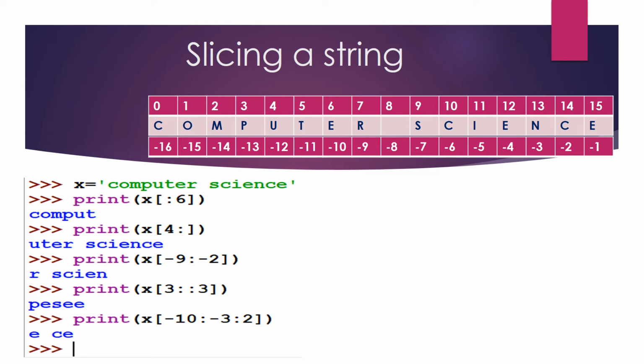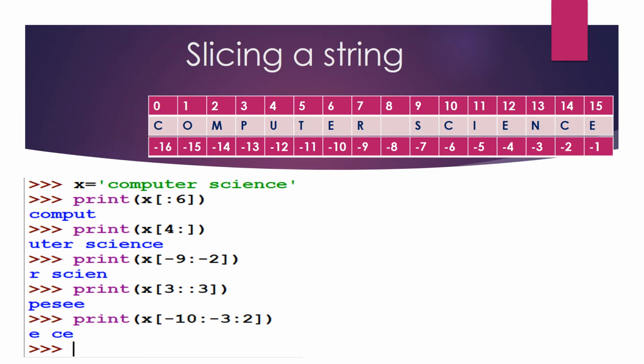So here we need to give start value, stop value, and the step value. As here we have given start, stop, and step value. So here we have not mentioned start value. That means by default, if the start value is not mentioned, it is from the 0 index.